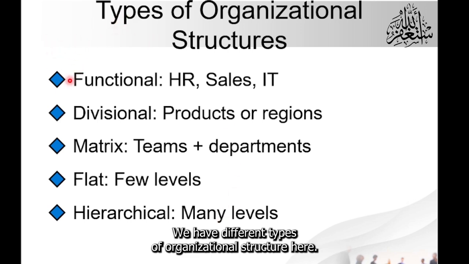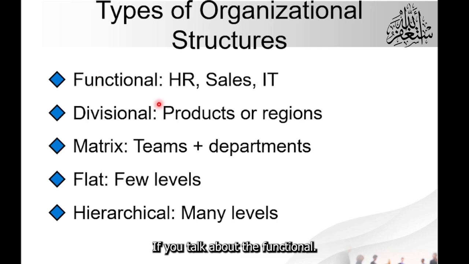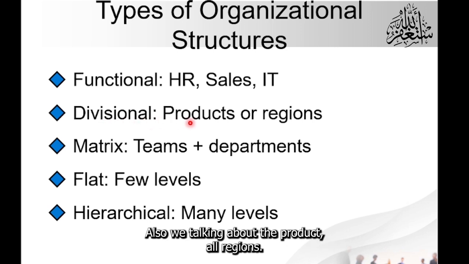Let's see the types of organizational structure. We have different types: functional, divisional, matrix, flat, and hierarchical. In functional, we have HR, sales, and IT. In divisional, we are talking about products or regions.